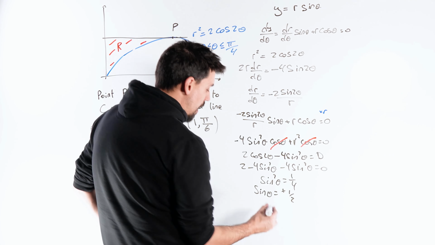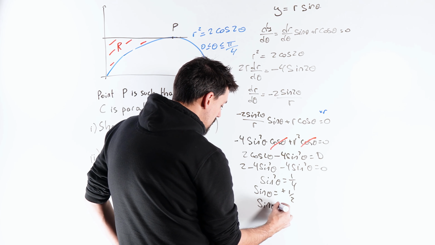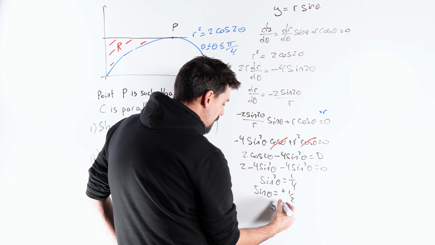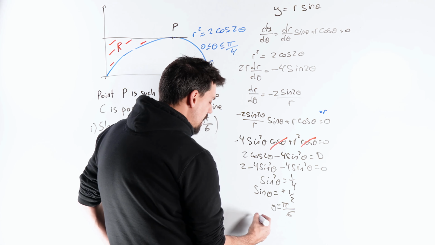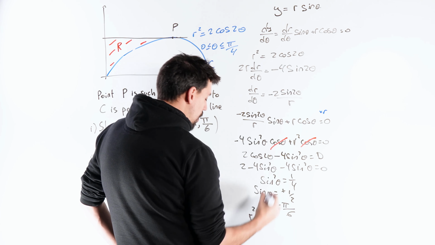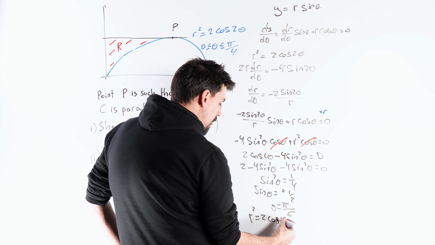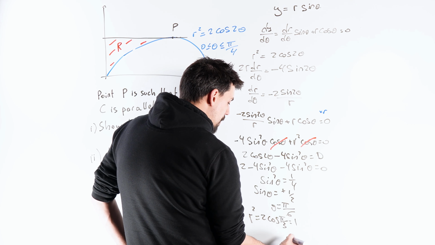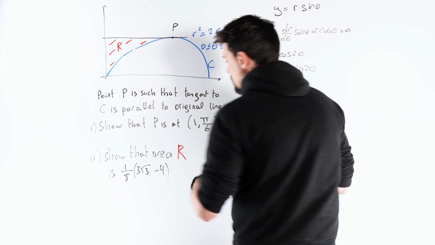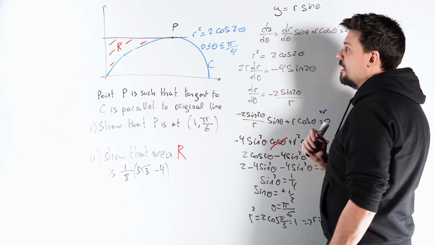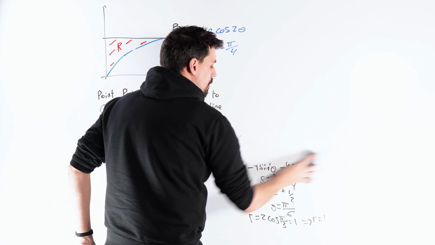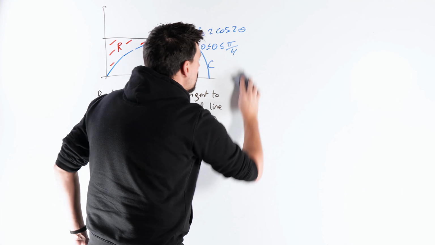We only want the plus 1/2. So that gives me theta is pi over 6. And then r squared becomes 2 cos 2 theta, 2 times pi over 6 is pi over 3, so that becomes 1. r is positive, so r is 1, theta is pi over 6. Boosh. That was a little bit more involved than we possibly would have liked. But hey-ho.